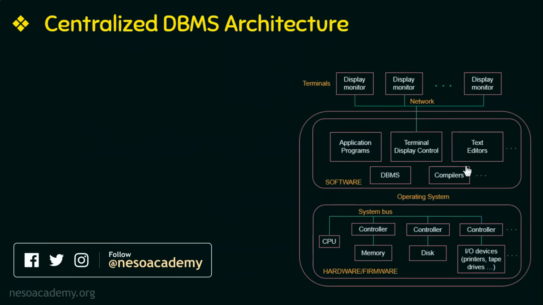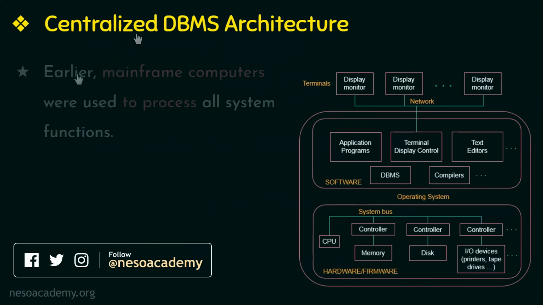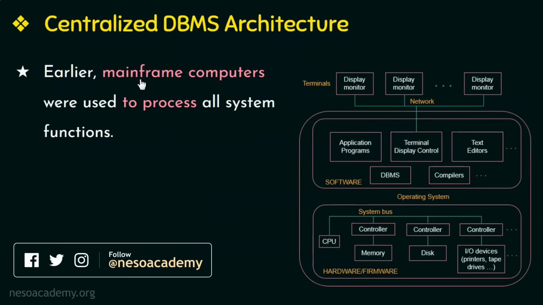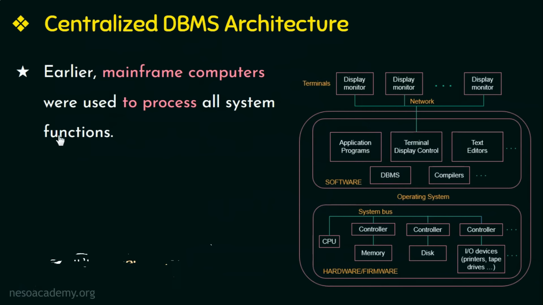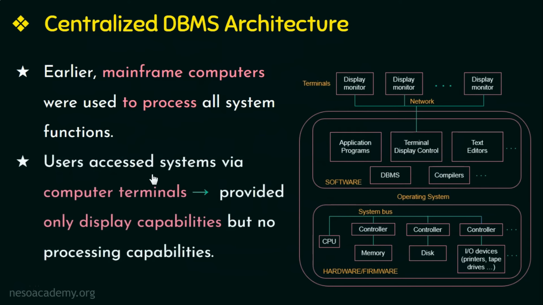This is a diagram that shows the physical components of a centralized architecture. In earlier architectures, mainframe computers were used to process all the system functions. The reason for that was users accessed systems via computer terminals that provided only display capabilities but no processing capabilities.